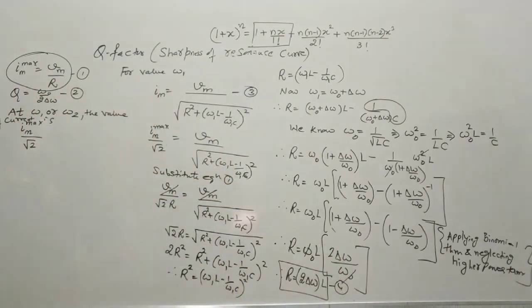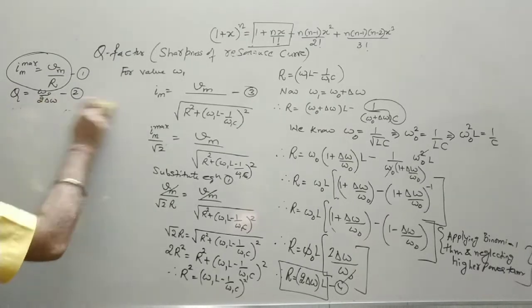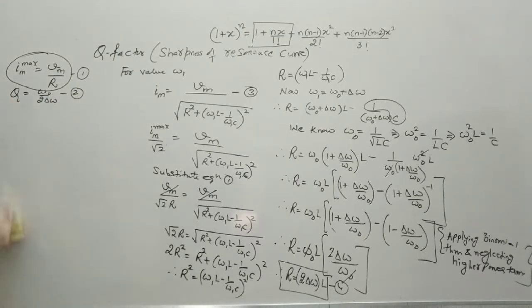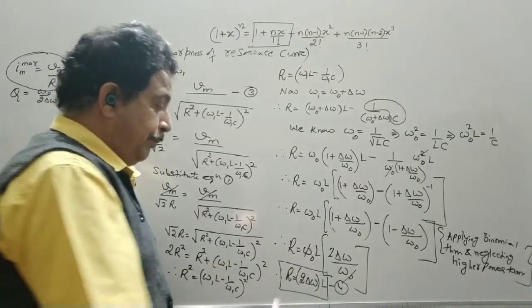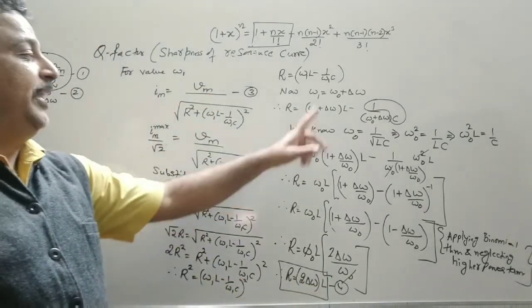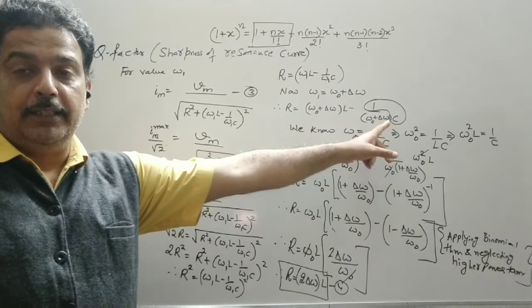Now we need a formula for the quality factor in terms of just two components, that is R and L. Here you are getting the answer in terms of R and L because we eliminated C at this point.